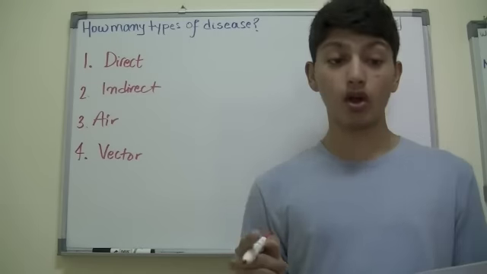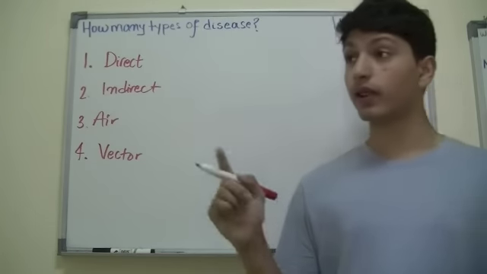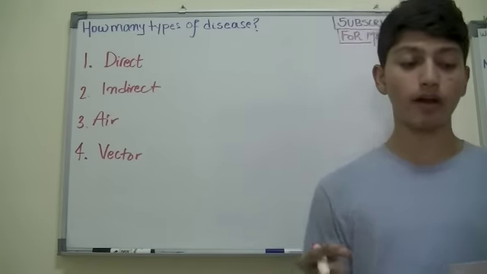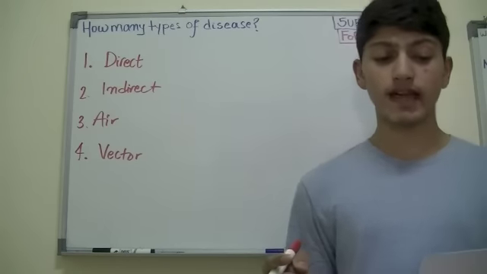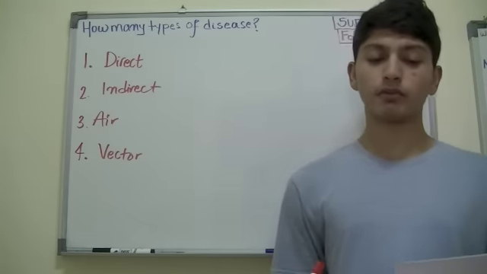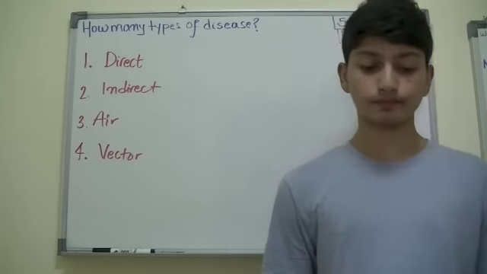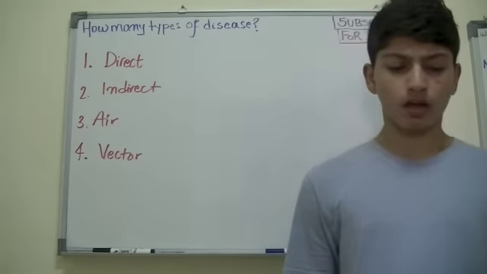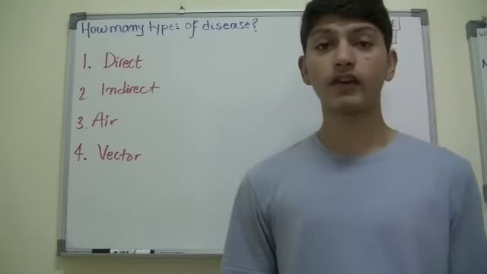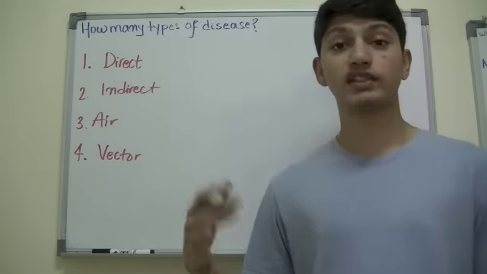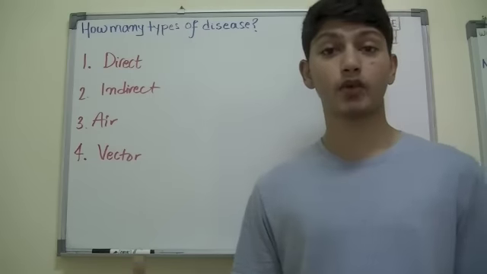The protozoan that causes malaria, for example, completes a part of its life cycle in the gut of a mosquito. So mosquitoes can also transmit disease between species. We talked about 4 different ways in which a pathogen can be passed on in order to make a person ill.